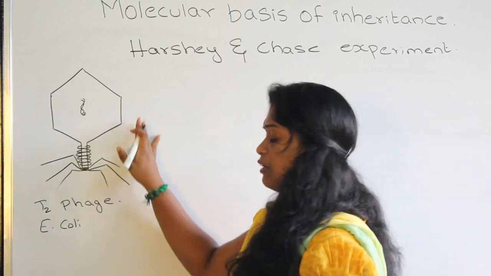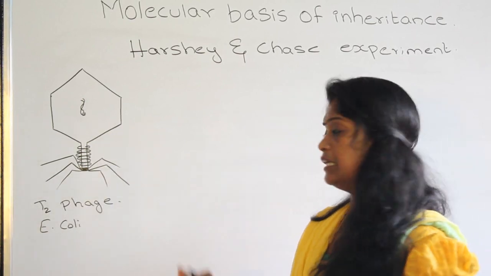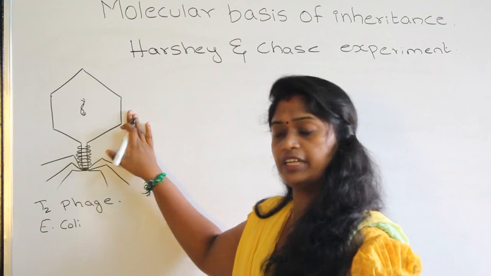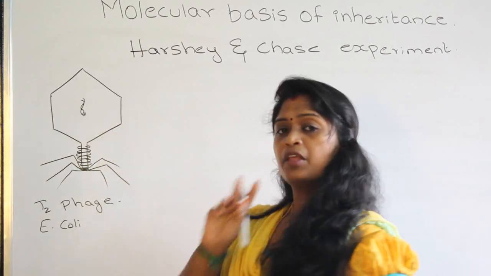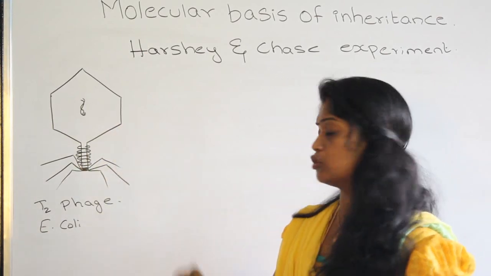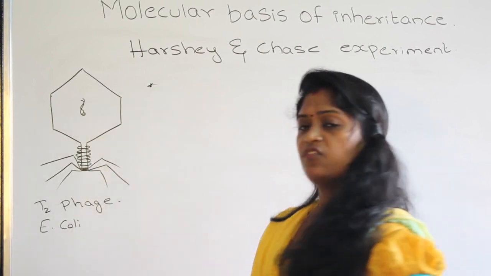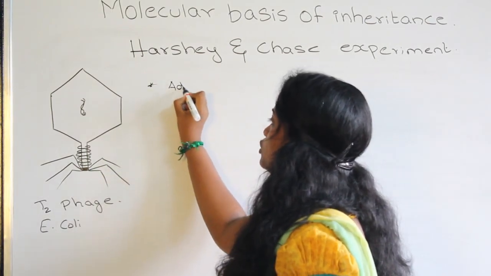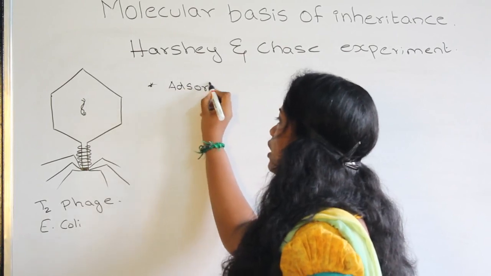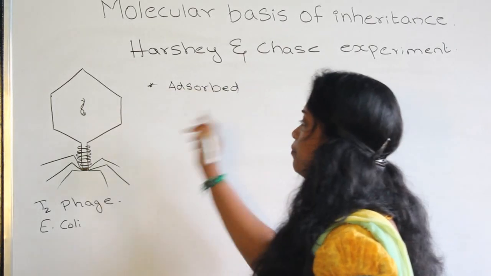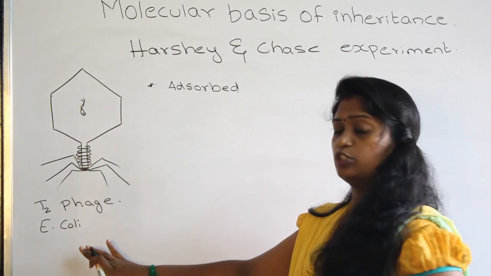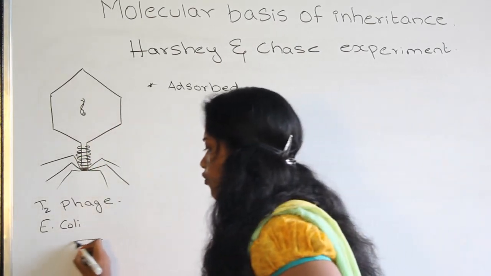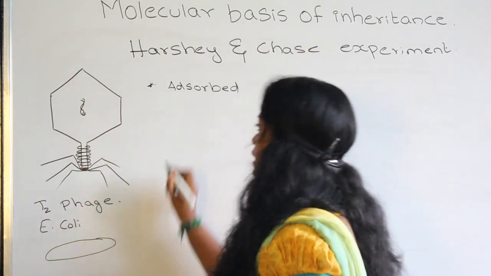So, before going into the experiment, let's see how this T2 phage infects the bacteria. There are four important processes of infection. In the first process, the T2 phage gets absorbed to the surface of the bacterial cell.